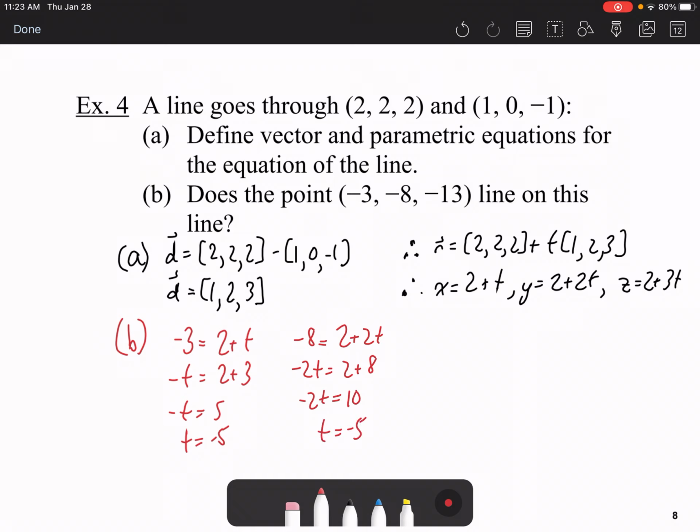Ooh, this looks good so far. You have to check out all three though. Gotta make sure it works. Don't assume.